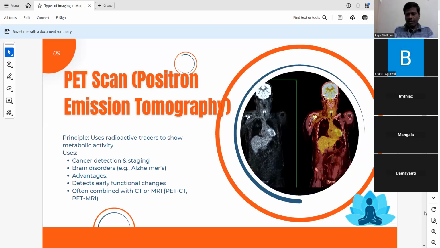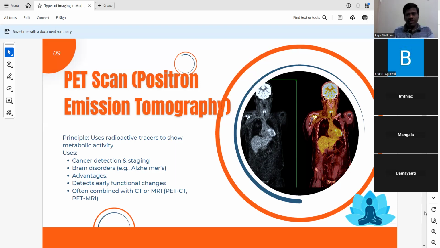Then comes PET scan. Normally we hear about the PET scan only for cancer patients. Here a radioactive tracer is injected into the body that emits positrons, which are detected by the scanner, so that we can study the metabolic and biochemical activity happening in the body.